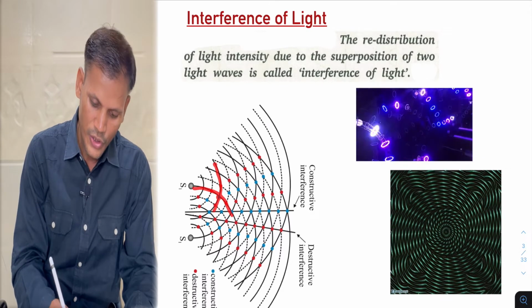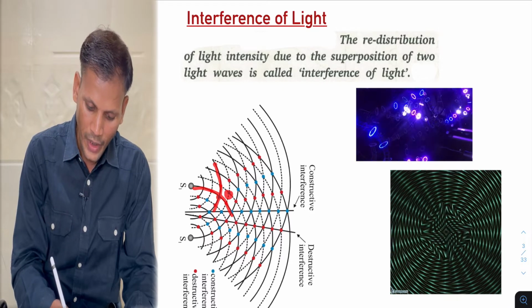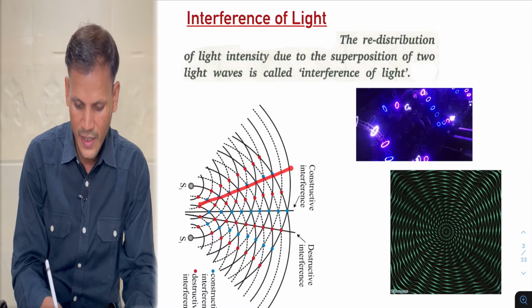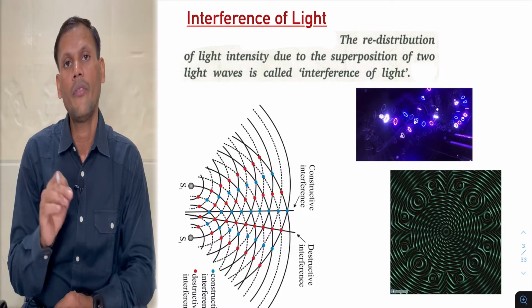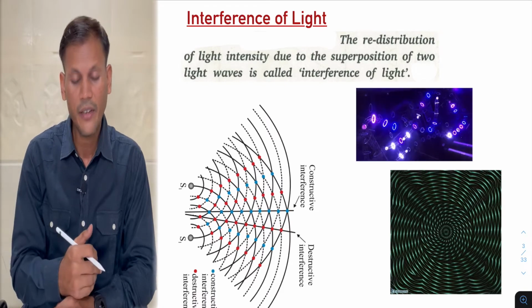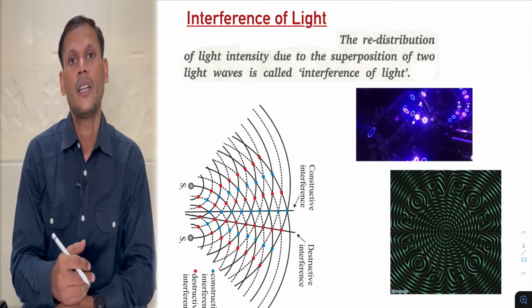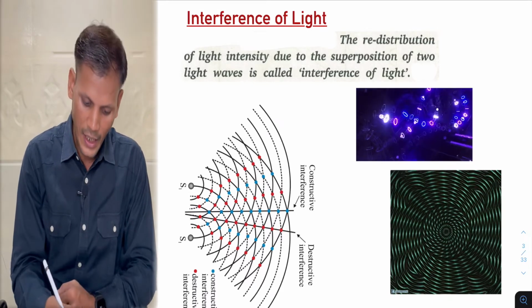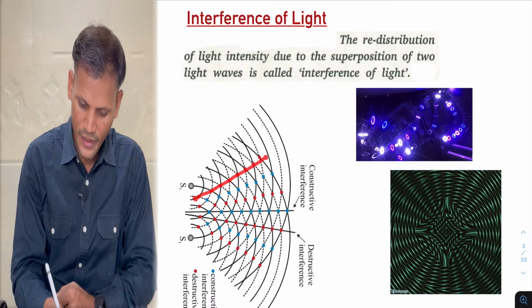So if both are dotted or both are dark, then there is the formation of a white pattern, or we can say constructive interference takes place at that point. Yeah, white fringes are there, and at this one dark fringes.